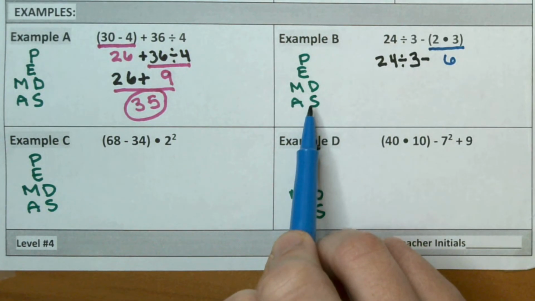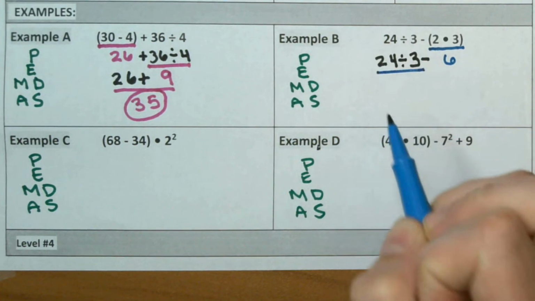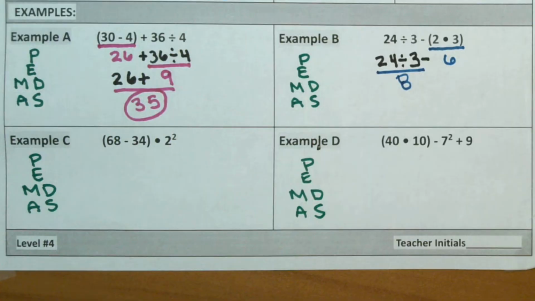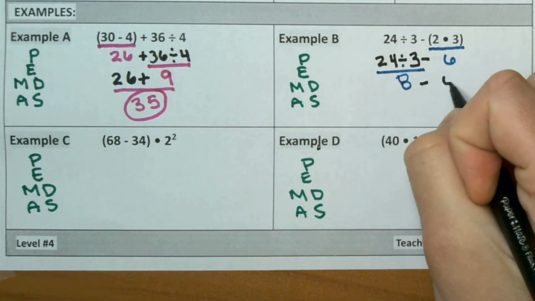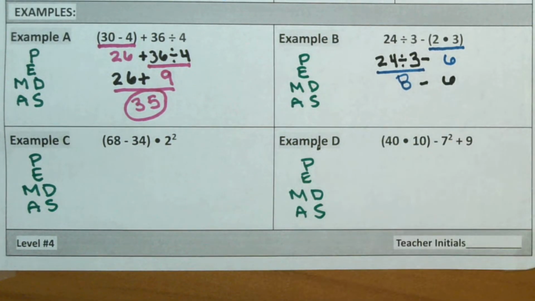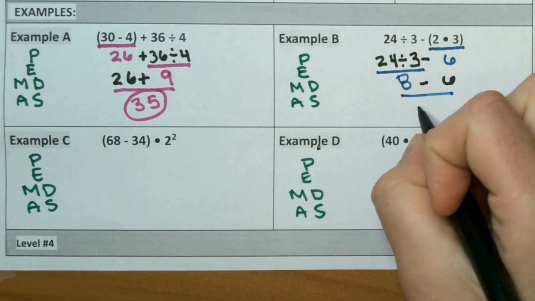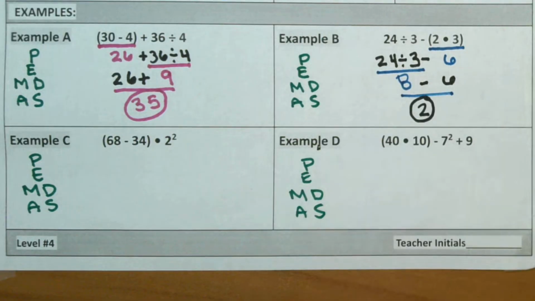Division is above subtraction, so I'll underline 24 divided by 3. Then I bring down the minus, bring down the 6. And 8 minus 6 is 2. If you didn't get that one correct, go ahead and fix any errors or even rewatch how I did that problem.